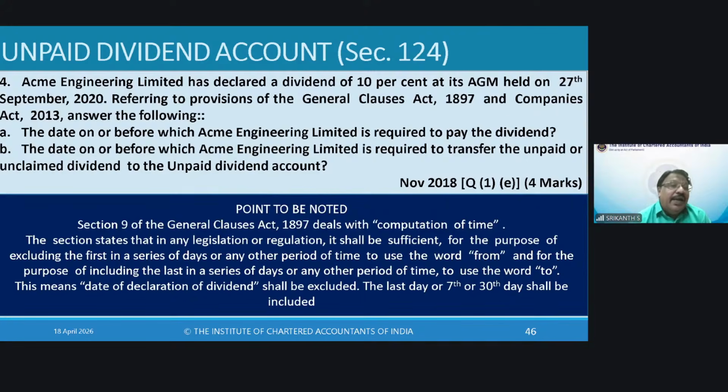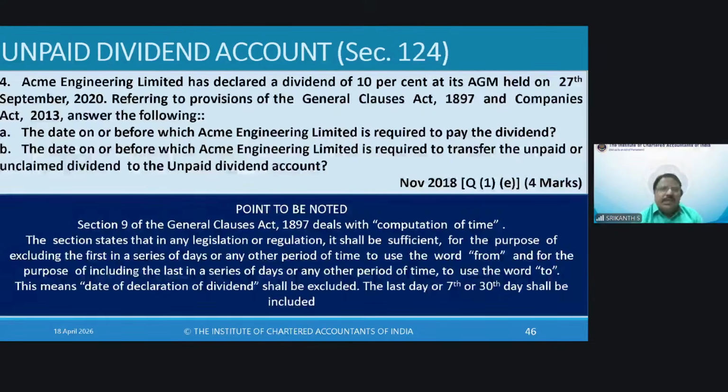And remember, it's an 1897 law, pre-independence law, which means much of it is archaic and not relevant today, but some are very relevant. For example, computation of time. Whenever an act says a time limit, a time period will begin from, so the section states that in any legislation or regulation, it shall be sufficient for the purpose of excluding the first in a series of days or any other period of time, to use the word from.